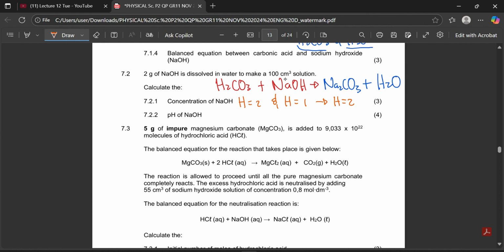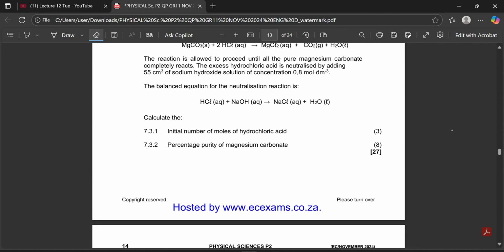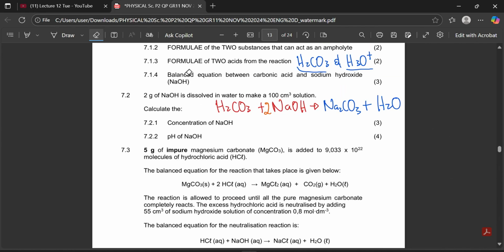And I have my Na2, so I have 2 Na. Balancing might be a problem here because I don't have enough space. Okay, so I have this guy here.